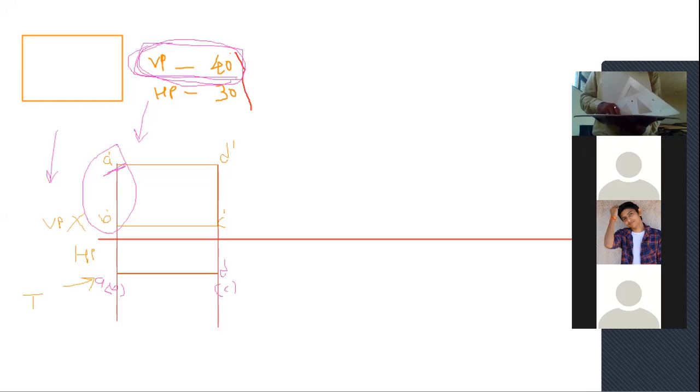What is the inclination angle? Tell me if you can see. You know it is inclined, that's why you are saying yes. But in which view you will be able to see the inclination? Top view. So the vertical inclination you will be able to see in top view only. Clear?